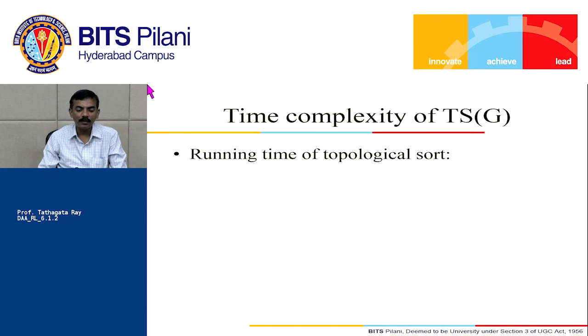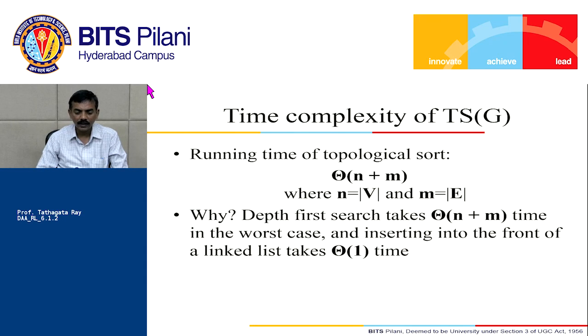So what is the running time of the topological sort? It's nothing but theta of n plus m, where n is equal to v and m is equal to e, where n is the number of vertices and m is the number of edges. How do we get that?